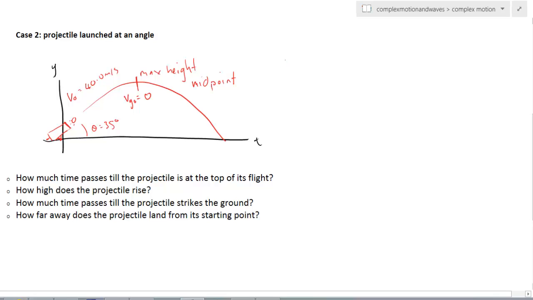So if you're using your original equation, Sy equals Vy0 t plus a half a in the y direction t squared, then this would be when velocity y equals 0. We're actually going to use the derivative of that so that we can look at it in terms of Vy0 plus at.